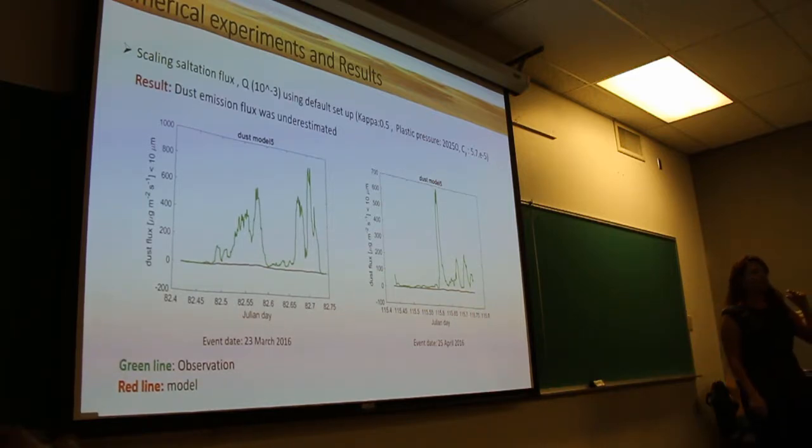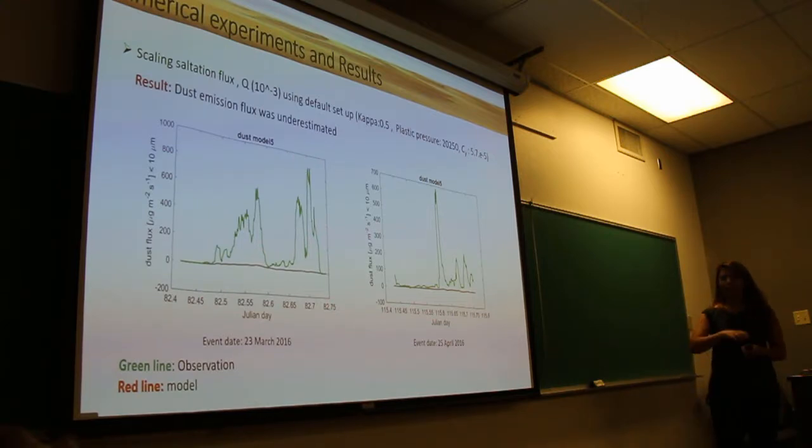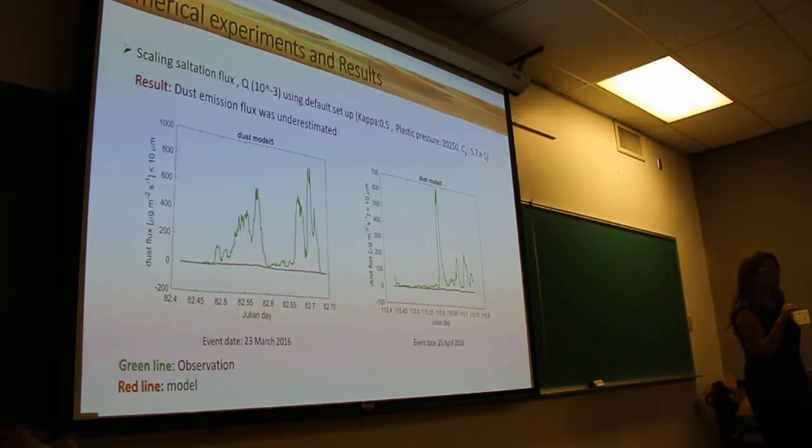This is because of the crust surface. It means that we have a thin crust surface in our area that was underrepresented in the particle size distribution because it's thin. And the dust emission usually happens on the surface of the crust.